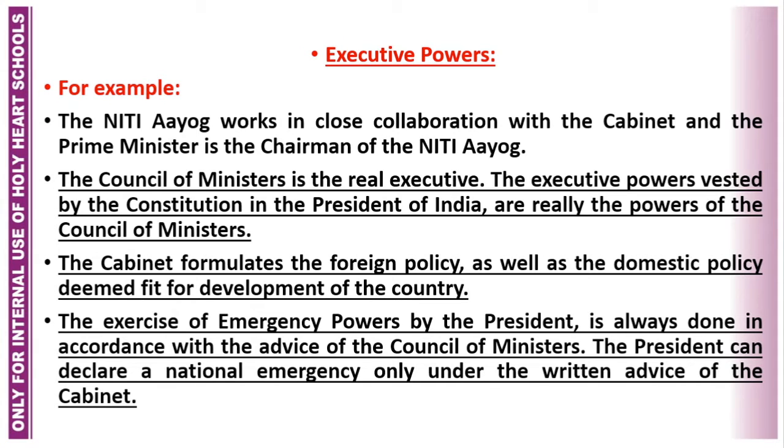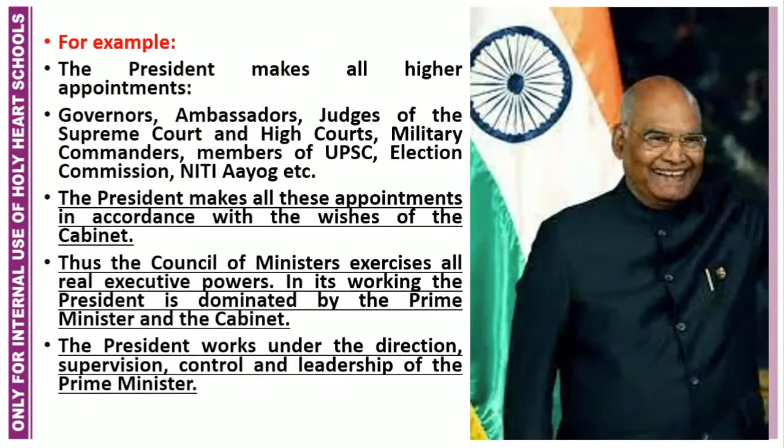So you see, these are the executive powers of the president. But here, in use of every power, we have seen there is compulsion to the president that he is to follow the advice of the Council of Ministers. Maybe it's the appointment of anyone, maybe it's domestic policy, maybe it's foreign policy, maybe it's an emergency power or anything. The president is to act on the aid and advice of the Prime Minister and his Council of Ministers.